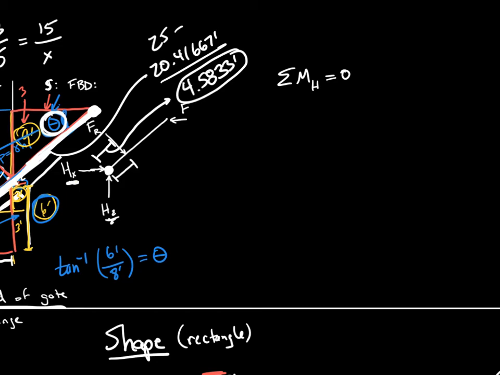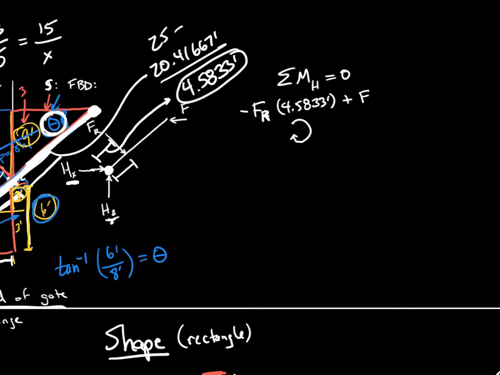So I've got this FR, and it's multiplied by its moment arm, which in this case is 4.5833 feet. That's causing a force in this direction, so that's clockwise, so that'll be negative. Then we add F, which is causing things to go counterclockwise, so that's positive, and its moment arm.